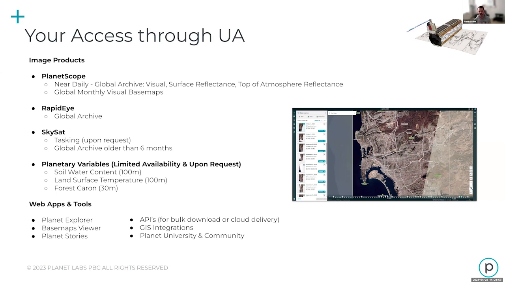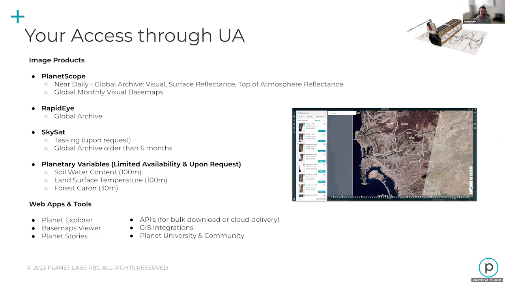And then you also have access to Planet University and Community, which are platforms that our customer education team run. Planet University provides you a variety of different online trainings, on-demand trainings as well. And then Community is a great place to basically go and ask questions, search for questions, present your ideas on what Planet should do next.